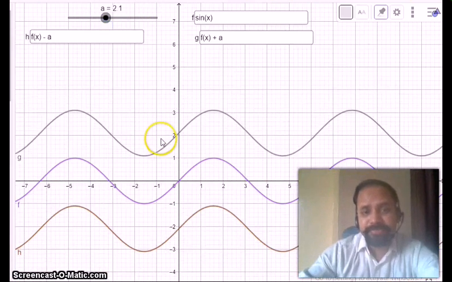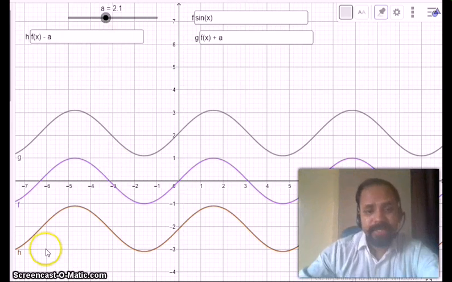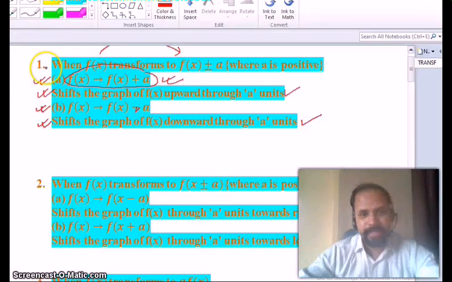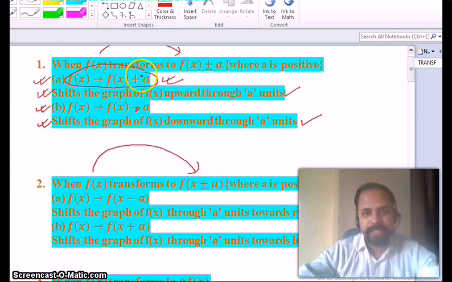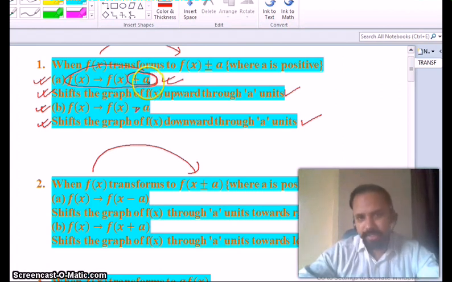Upward graph is f(x) plus a, and downward graph is f(x) minus a. In this transformation, from f(x) to f(x) plus minus a, we added a units outside f(x), and here subtracted a units outside f(x).